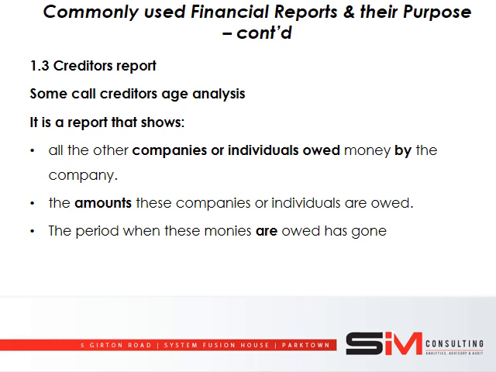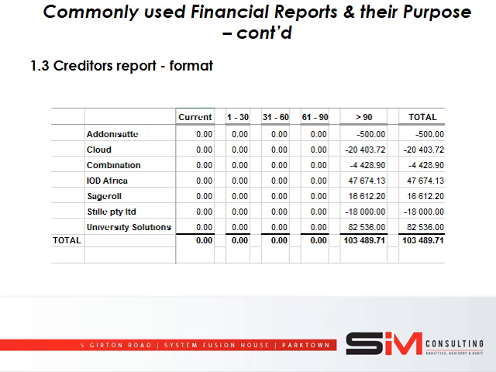So it shows the same three features as your debtors report. However, the difference is the nature of interpretation. The one is what should come into the business, and the other is what should go out of the business. Let's look at the format of a typical creditors report.